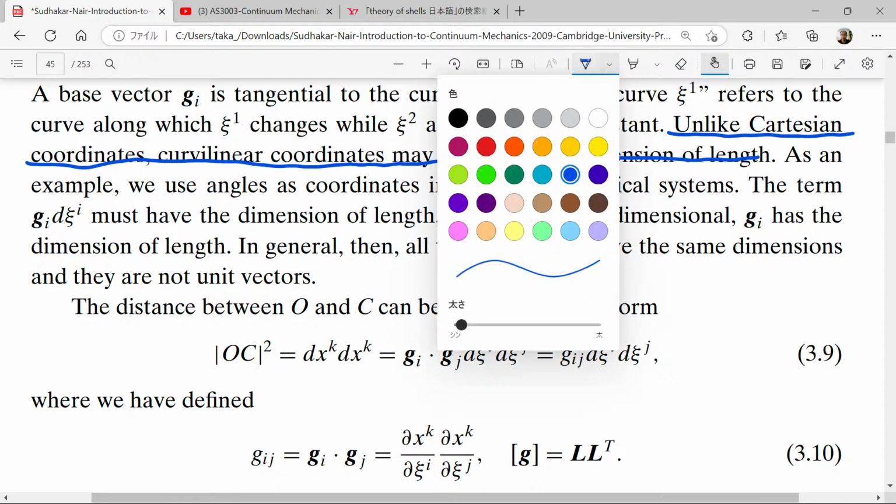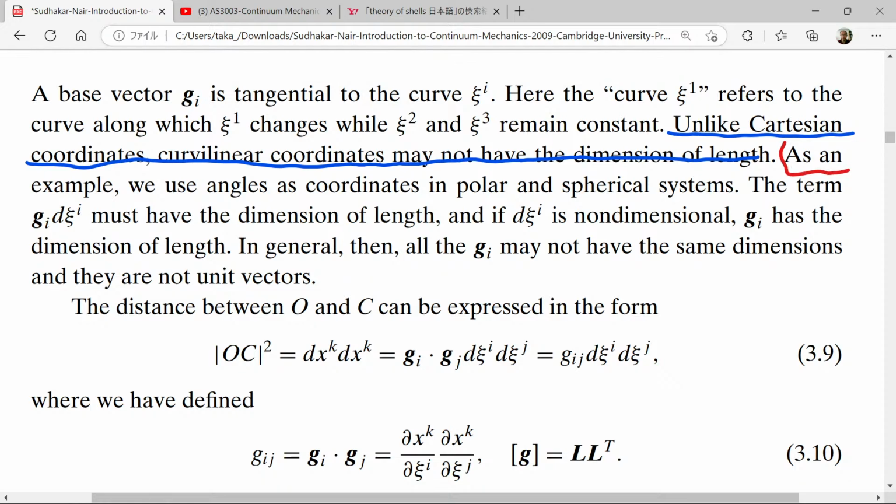I don't understand this. Why does he say this? As an example, we use angles as coordinates in polar and spherical systems.